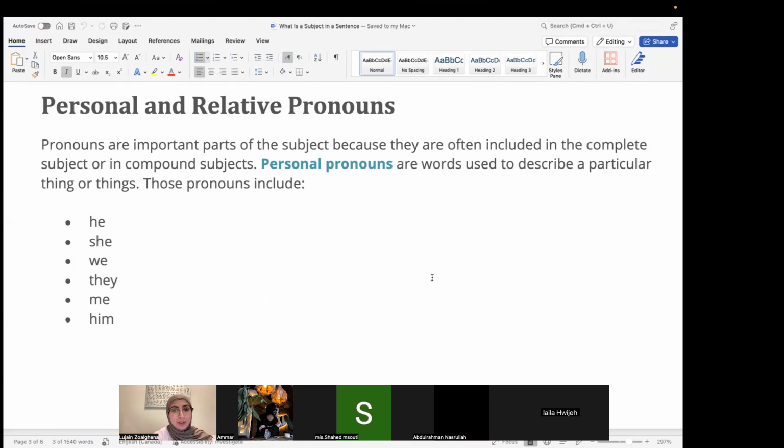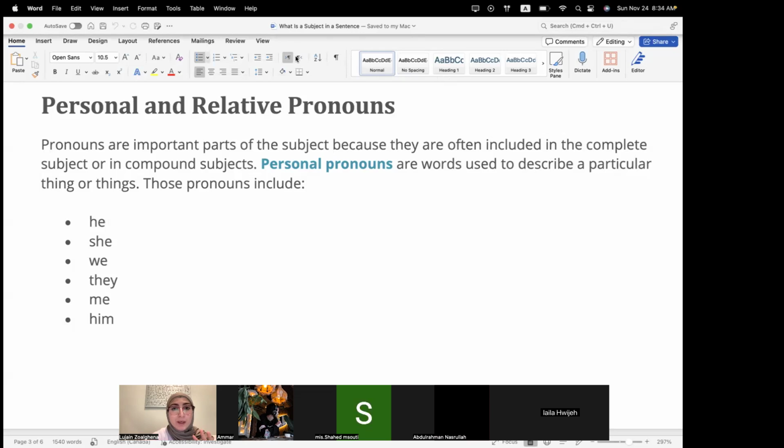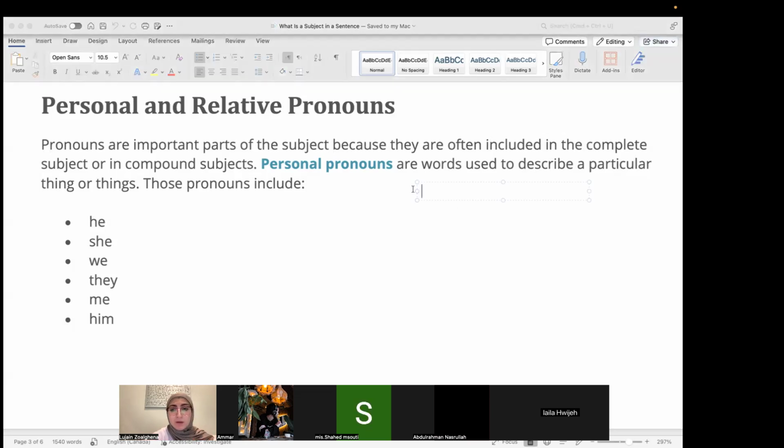or in compound subjects. Personal pronouns are words used to describe a particular thing or things. They are he, she, we, they, me, and him. But the pronouns that we know, the seven ones I'm talking about, are I, we, you, he, she, it, they. 1, 2, 3, 4, 5, 6, 7.